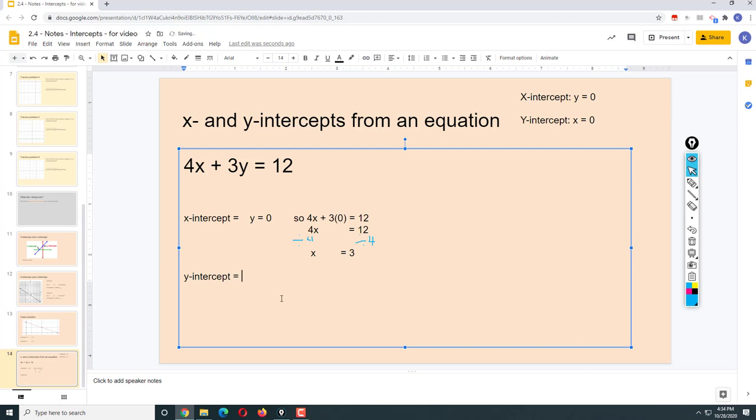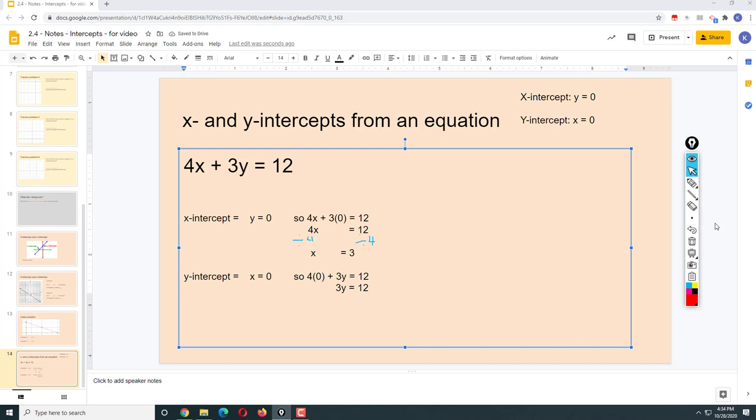Similarly, for the y-intercept, at y-intercept x equals 0. So given our equation, here's our equation, 4x plus 3y equals 12. X is 0. 4 times 0 is 0, plus 3y equals 12.